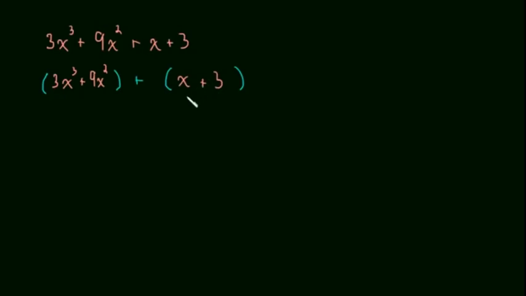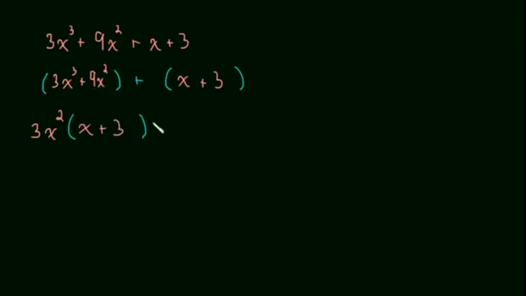Well, what can we factor out of the group on the left? We can take out an entire 3x squared, right? And now we'll be left with just an x plus 3, right?